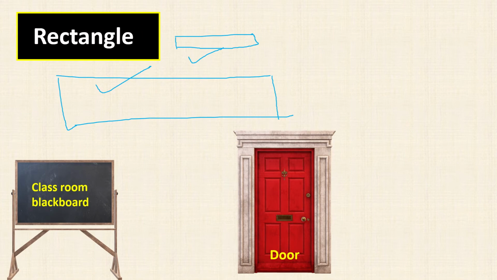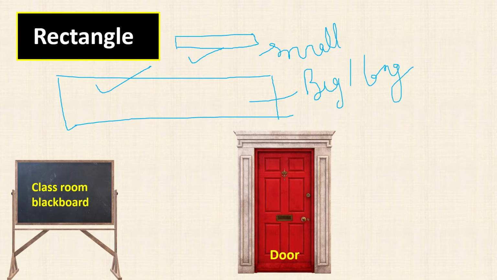So size is different, like small, or you can say in your own words, a small one and a big or long one. It's a bigger, longer one. But both are rectangles. Clear?